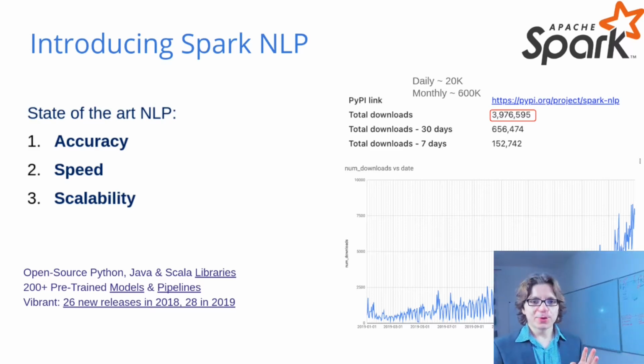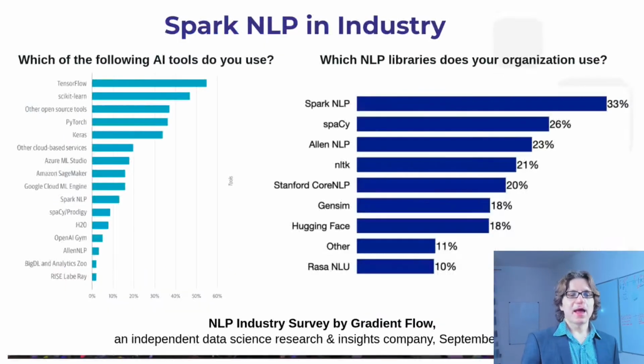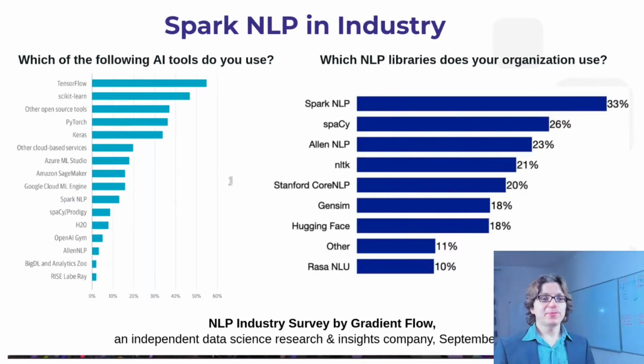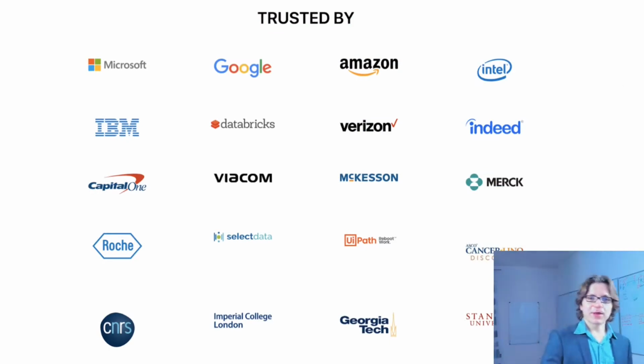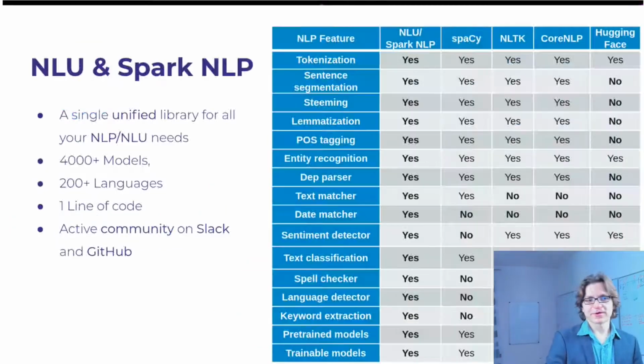And it has accumulated millions of downloads in only a few years since its inception. And by now, it has become the most widely used NLP library in the industry and used by many honorable customers and awarded by the industry with various awards for excellent work.